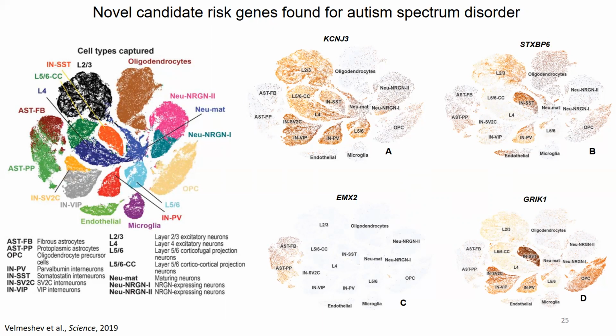No bulk-resolution RNA-seq or any similar assays had revealed these genes to be dysregulated in autism. Here as an example, I'm showing 4 of these genes, including EMX2 and KCNJ3, that we found to be disease-associated in subgroups of neuronal cells, as well as astrocytes.